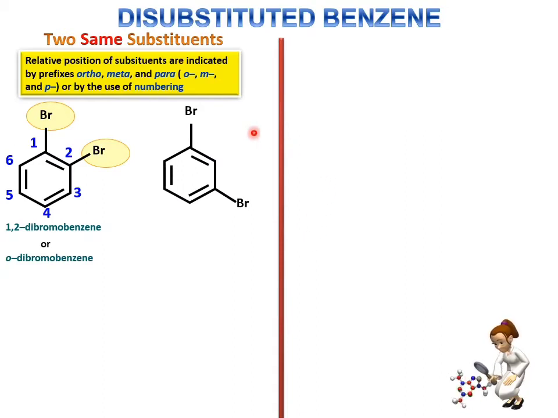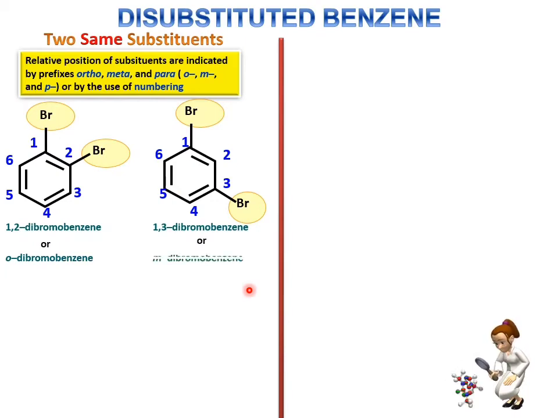Okay, next, look at the position of bromine now. The position of bromine now at position 1 and 3. Look. Okay, so if position 1 and 3, either you name it as 1,3-dibromobenzene, or yes, you can use prefix meta-dibromobenzene. So you will replace 1,3 here with meta.